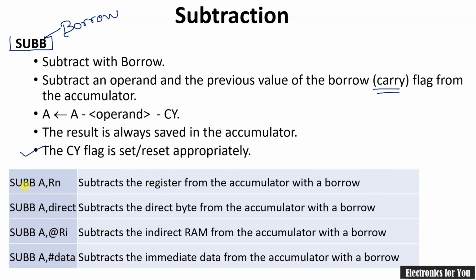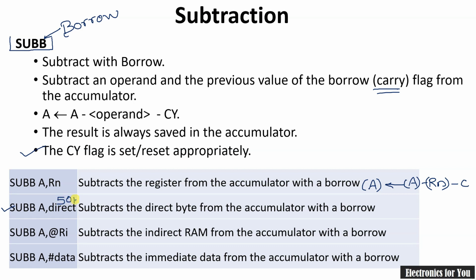Here is the subtraction instruction SUBB A, Rn. It means A minus Rn, that is the register R0 to R7, minus the carry flag, that is the borrow, and the result will be stored into the accumulator. Similarly, in the case of direct addressing, the direct address will be written, for example SUBB A, 50H.